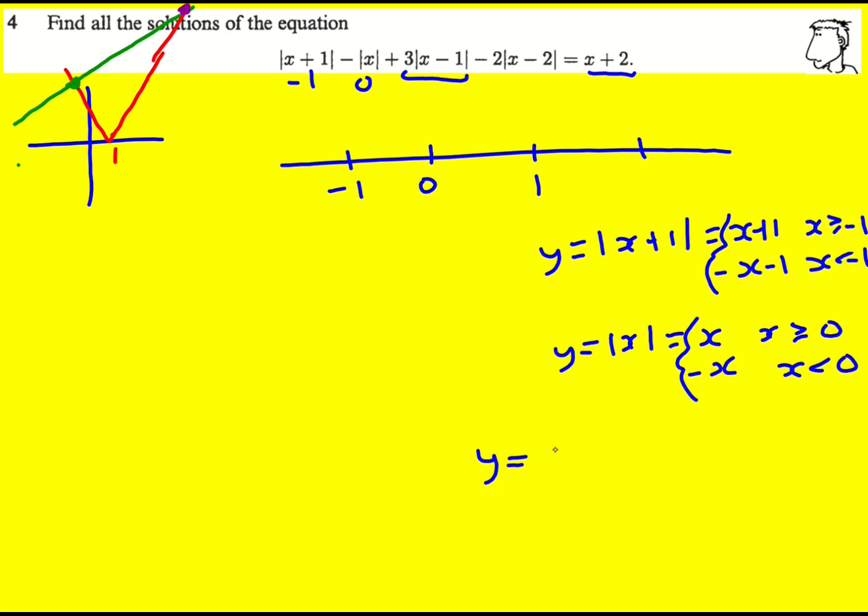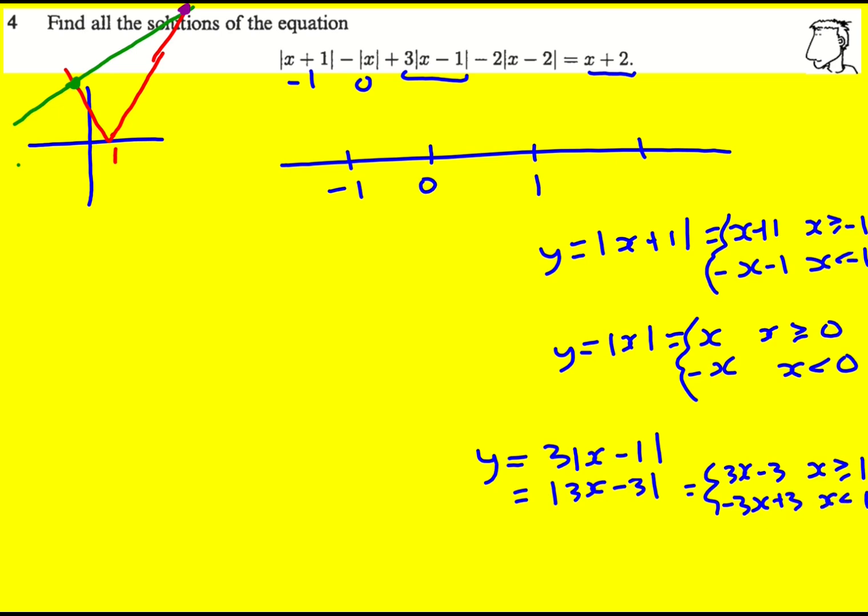So y equals 3 modulus x minus 1. Actually, we can bring the 3 inside. That doesn't affect whether it's negative or not. And then it's going to be 3x minus 3 if x is greater than or equal to 1, minus 3x plus 3 if x is less than 1.